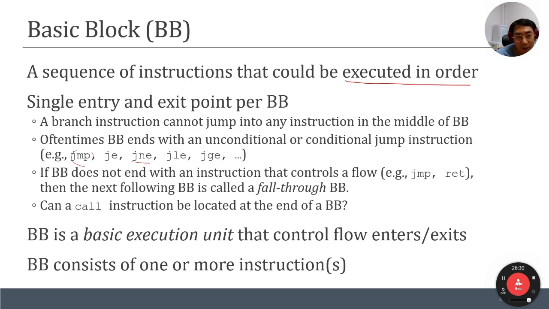And if a basic block does not end with an instruction that controls the flow, then the following basic block is called a fall through basic block. Why? Because this basic block ends and you just fall through and go to the next basic block. Say if it's true here, and if it's false, then you go to another basic block.